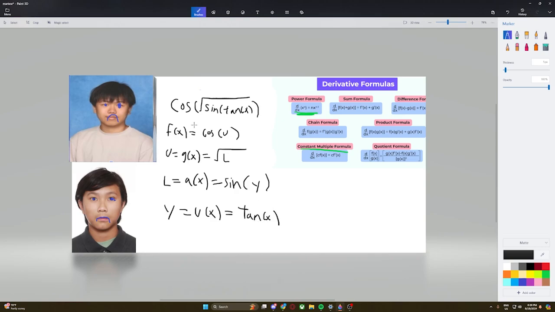So in total, we have 1, 2, 3, 4 functions. I'll give you a second to do this. Think about it.